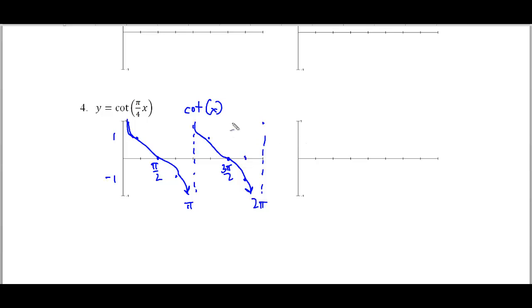Now what we're going to do is take a look at our period or cycle, which is going to be 2 pi divided by omega. And my 2 pi divided by my omega, I don't want to divide by pi over 4, I want to multiply by 4 over pi. So dividing both sides by pi, we're going to make a complete cycle in 8.